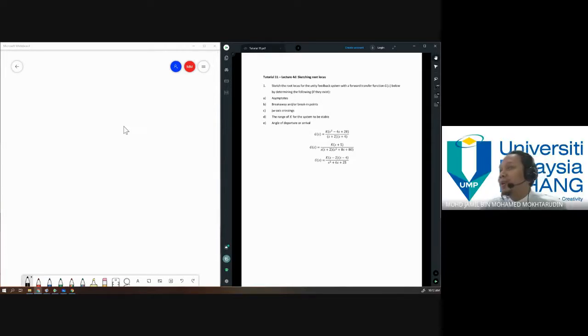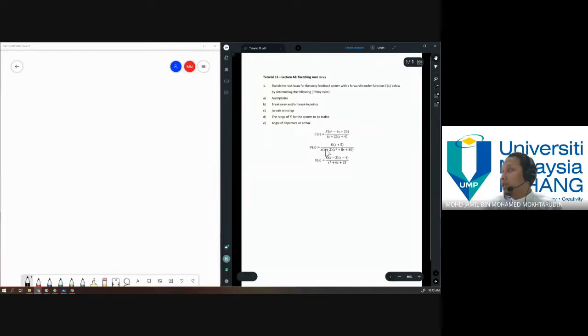Okay, so today we will continue the tutorial on sketching root locus. On Monday, I discussed the first transfer function here. Now let's look at the second transfer function and also the last one.